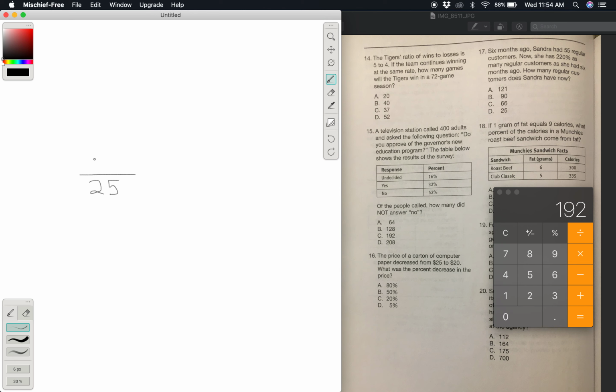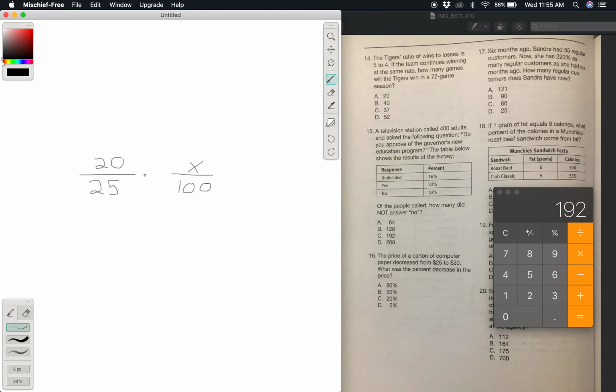So we have the part and the base, and we have to see what was the percent decrease in the price. So the bottom one on this side will always be 100%, and then we have to find the missing variable.